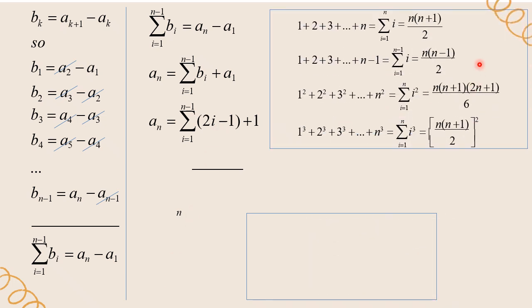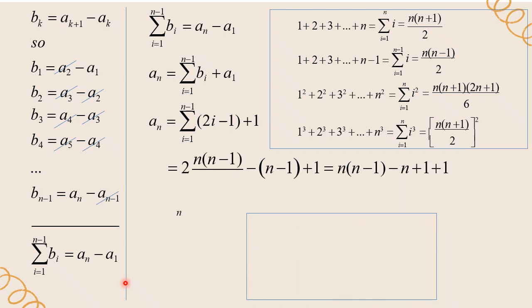I'm going to review some formulas which we can use. The sum from 1 to n is the sum of an arithmetic sequence, but if it's from 1 to n minus 1, it will become like this.